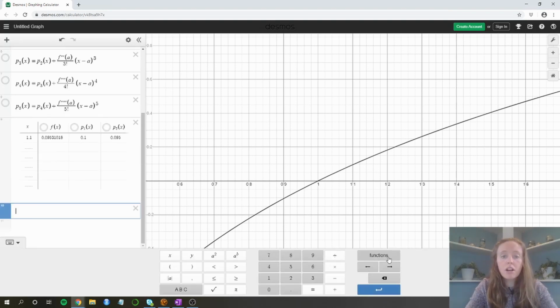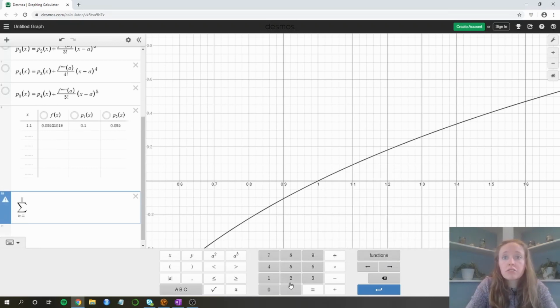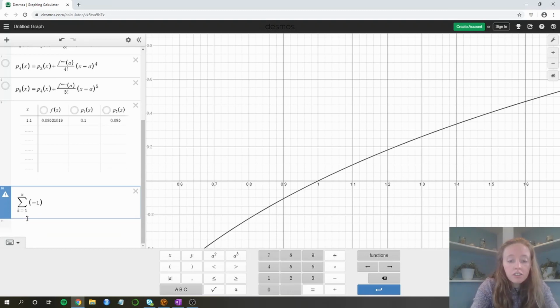So if you remember our Taylor polynomial and sigma notation, we had the summation from n equals, I'm going to change this from n, I want to do a k value from, we started at 1 in this case, up to some value n, and we had -1 to the k plus 1, all times x minus a, which, because I have a already defined, it's going to fill that a value in, and that's to the k, all over k.